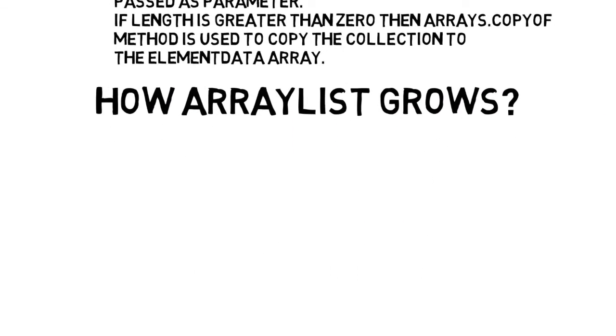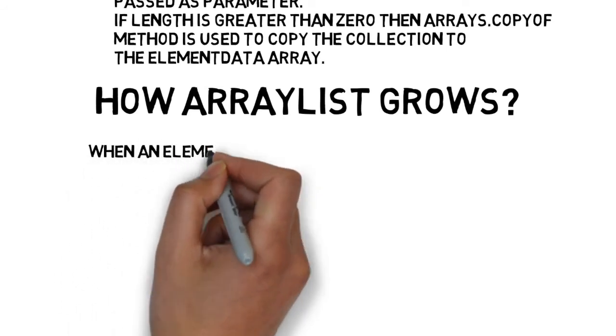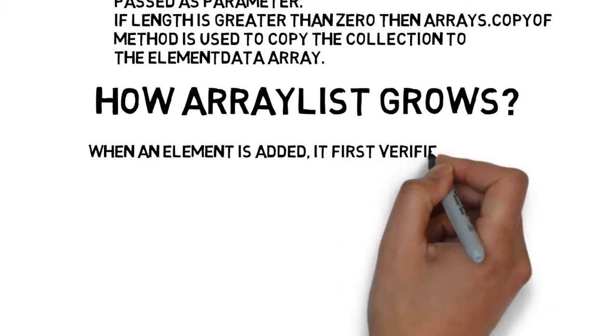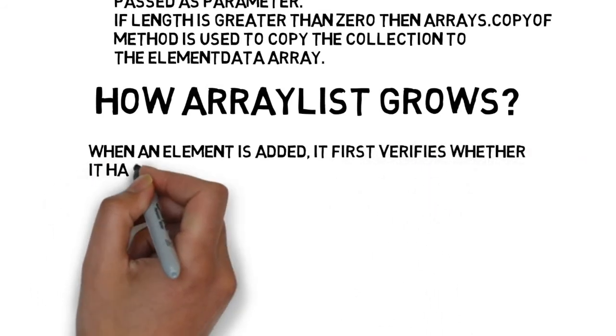Now, we will look at how ArrayList grows dynamically. When an element is added to an ArrayList, it first verifies whether it has enough capacity in the array to store a new element or not.